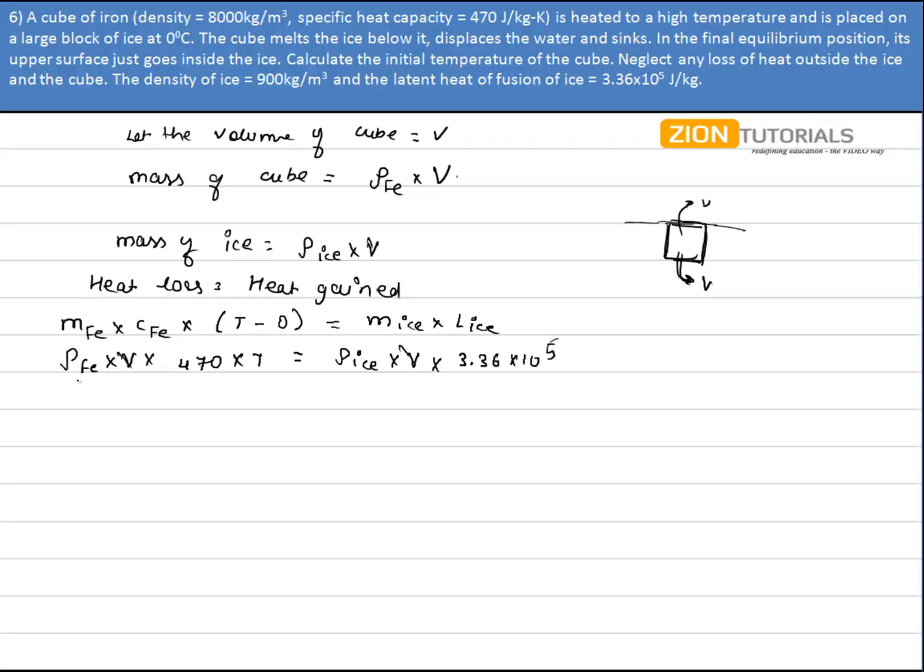I substitute the value of density of iron, that is 8000, into 470 into T, is equal to density of ice, that is 900, into 3.36 into 10 to the power 5. So solving this equation for temperature T, I get the value of T as 80 degrees Celsius. That is the answer.